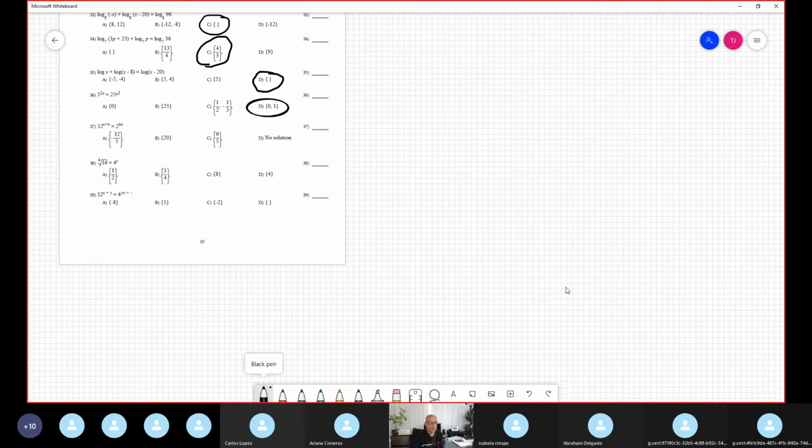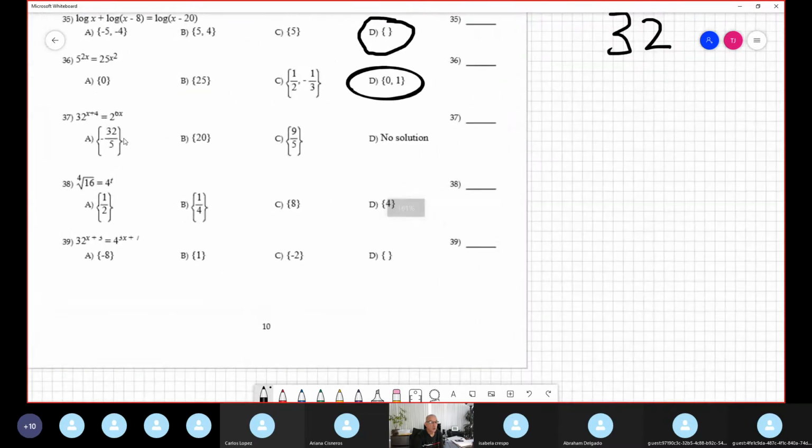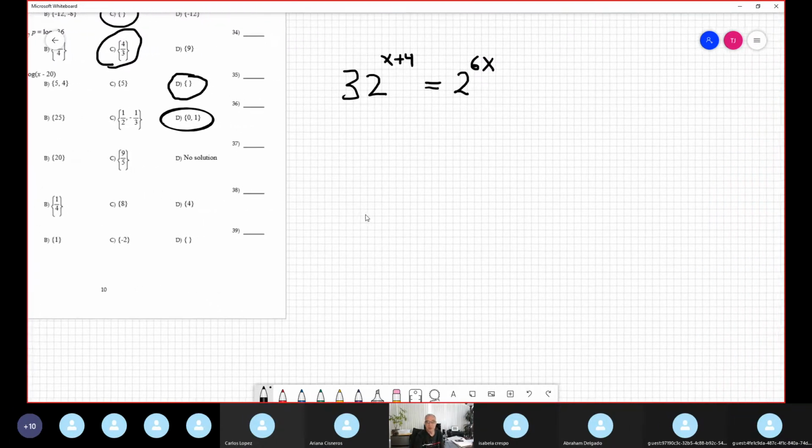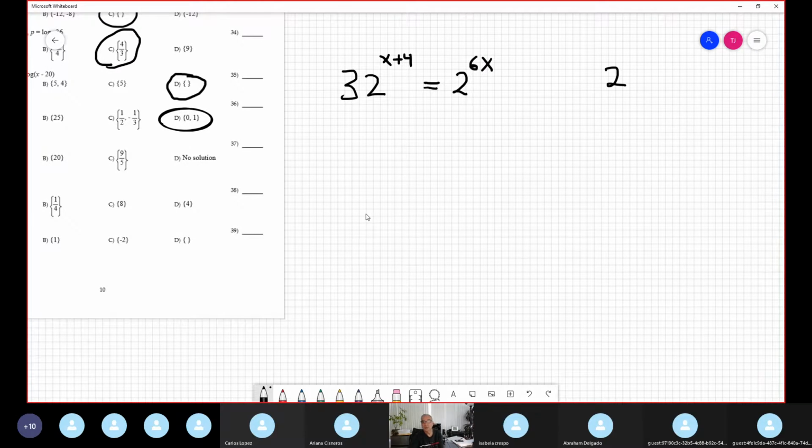Problem 37: 32 raised to the x plus 4 equals 2 to the 6x. Let me zoom to see if it's clear or not. It's obvious that the common base is 2, because 2 is 2, and 32 is 2 to the 5th power.